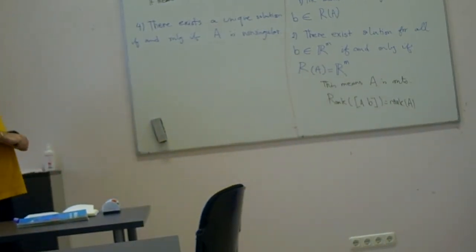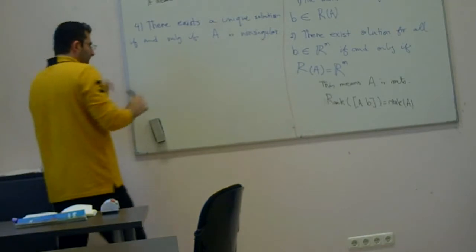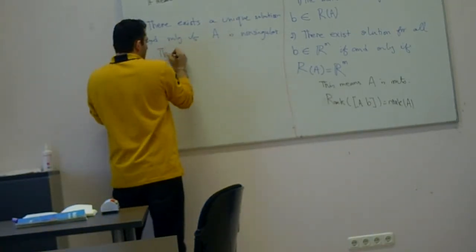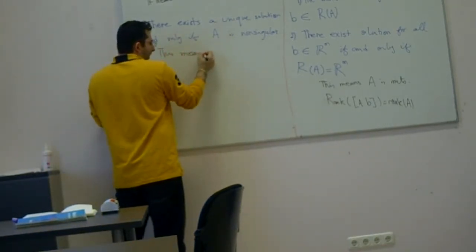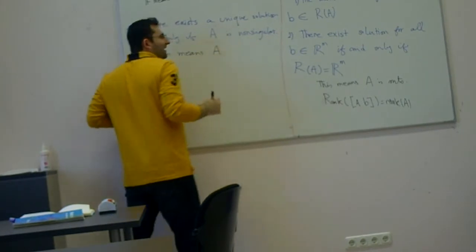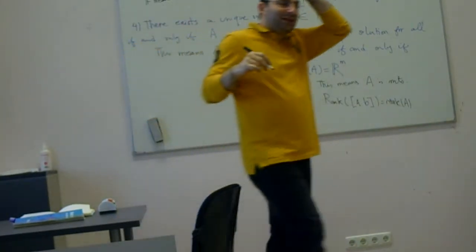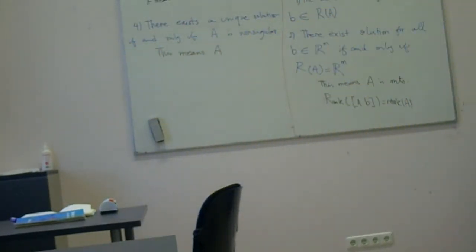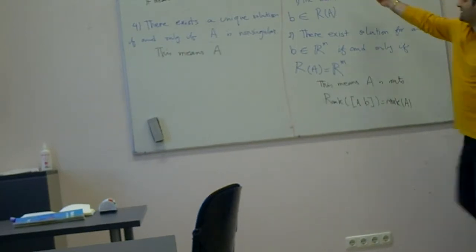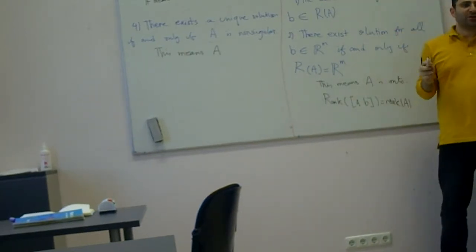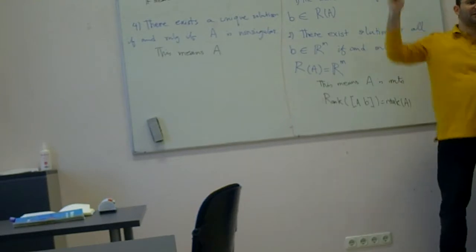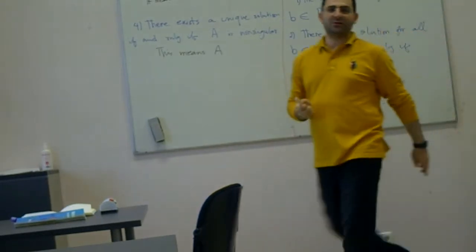You know what does it mean? What was the condition for Ax is equal to B to have a unique solution? Something that you have seen in high school in the undergraduate algebra.